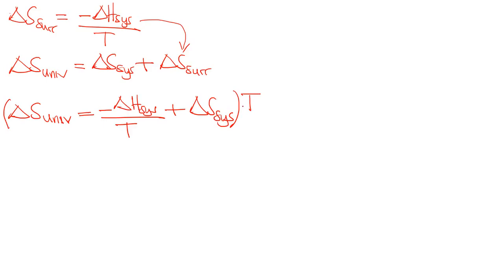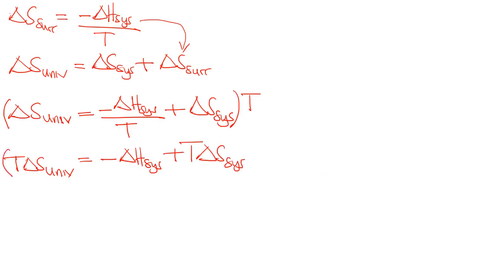If I multiply everything by T, I'm going to have T delta S univ is equal to delta H system, because this T is going to cancel with this T, but it's going to multiply here, plus T delta S system. That's what I'm going to have.